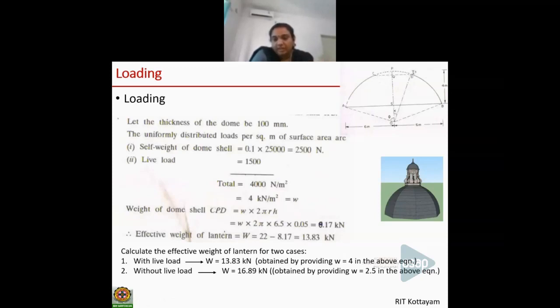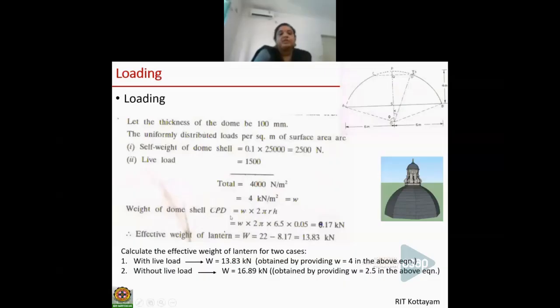The actual formula has different parameters, like we have to consider the thickness and then R1, R2. So many things are coming there. So that is why the approximate formula is taken as the weight multiplied by 2 pi r into h. This 2 pi r h is an approximate quantity of the volume.